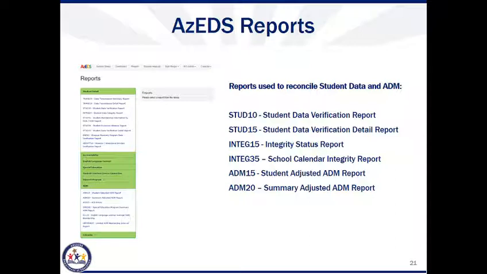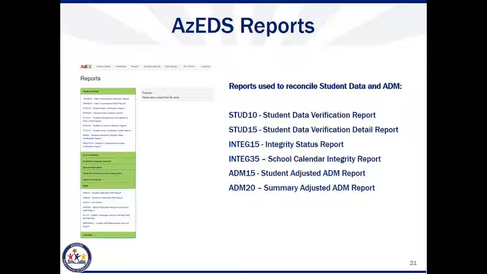If they didn't pass integrity, they're not going to show up on the ADM 15 and wouldn't show up on the ADM 20, which is a summary of the ADM 15 report. So it's important to understand how the process works so that we know exactly where to look if a student is missing from ADM and not generating funding as you would expect.